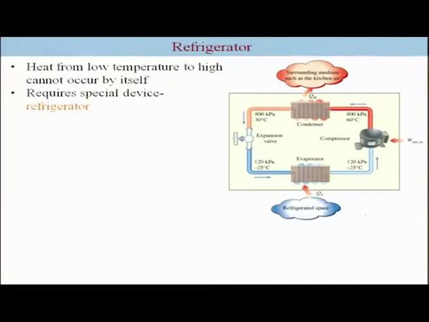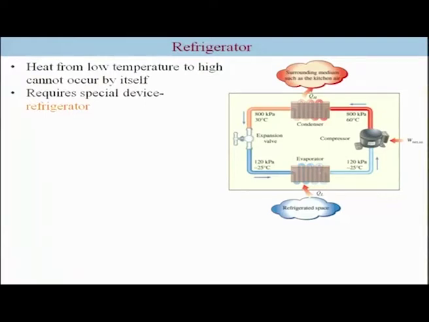Now, if you want to transfer heat from a low temperature to a high temperature, which is not a natural process, you need to use a different device which we call a refrigerator, okay. A refrigerator also has many components in it, okay.